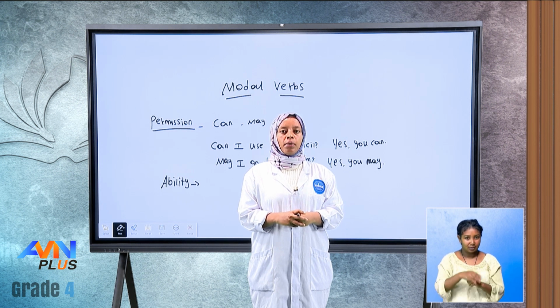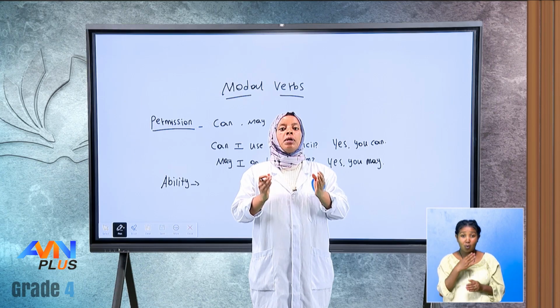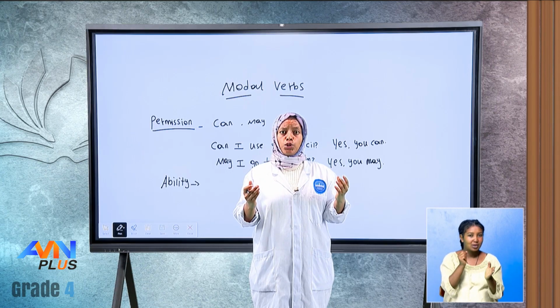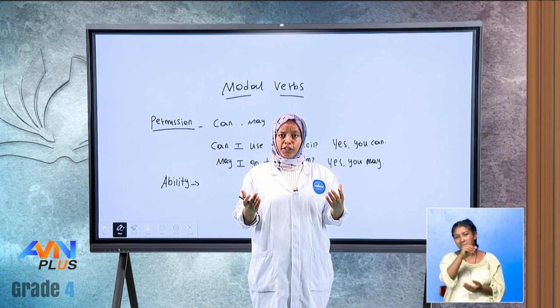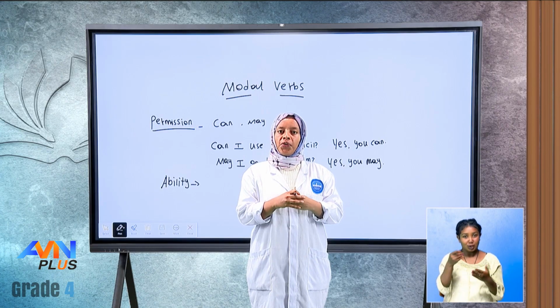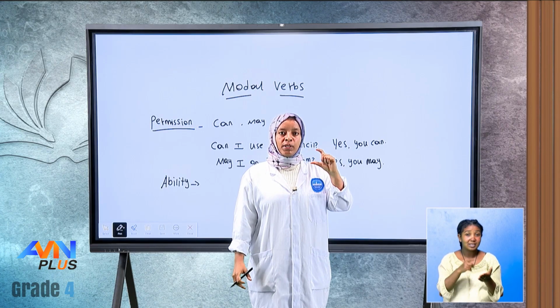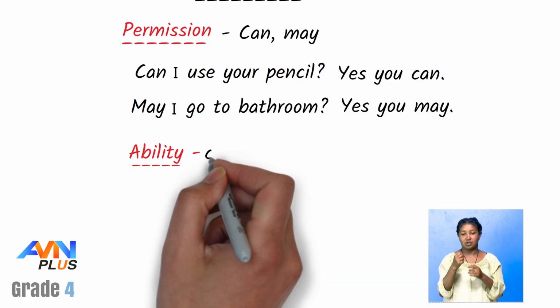For example, if you can speak Afaan Oromoo and also different languages like French, maybe Arabic as well, and also English, that is an ability that you can do. And also reading, that is an ability. When we say ability, we can use can.